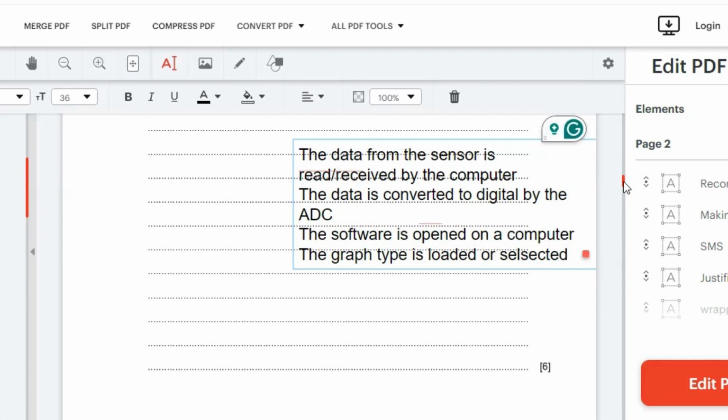The graph type is what? Is loaded or selected. Since we have 6 marks, we should reach 6. That is 1, 2, 3, 4. So we have 2 to go. The data is uploaded to the graph. The data is what? Is uploaded to the graph.